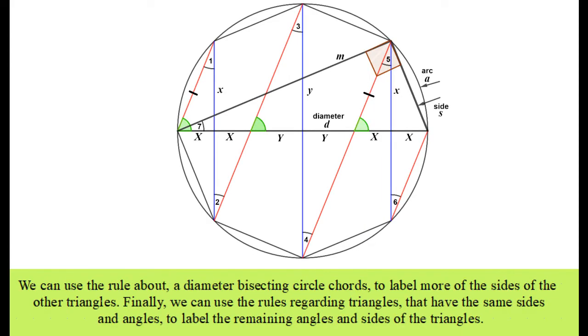We can use the rule about a diameter bisecting the circle chords to label more of the sides of the other triangles. Finally, we can use the rules regarding triangles that have the same sides and angles to label the remaining angles and sides of the triangles.